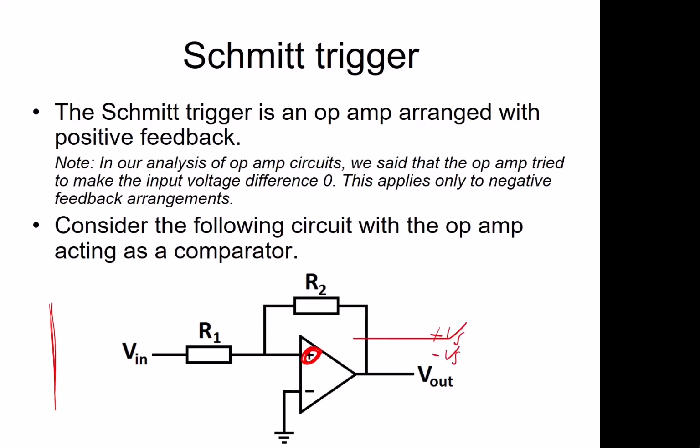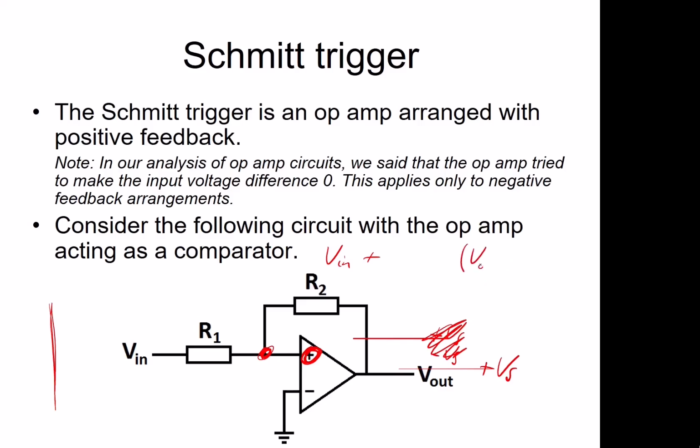So for the first case, we'll consider plus Vs. We'll say our output is currently at plus Vs, and what we want to do is work out the potential at this point here. So the potential here is given by our input voltage V in plus a fraction of the potential difference between the input and the output.